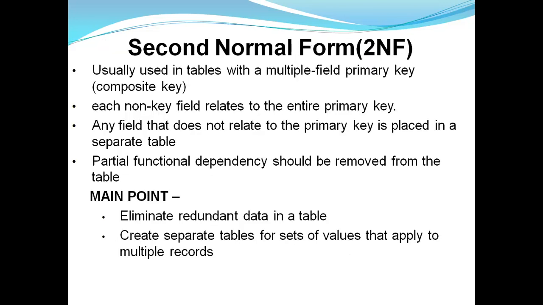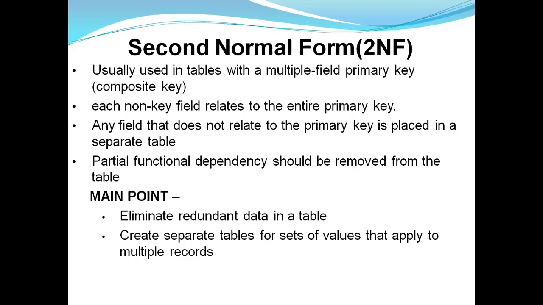So the rule is, first we have said that it is usually used in a table with a multiple field primary key or composite key. First thing, it should fulfill all the requirements of first normal form, plus what? Extra. Now, extra is only one important part, and that part is each non-key field.